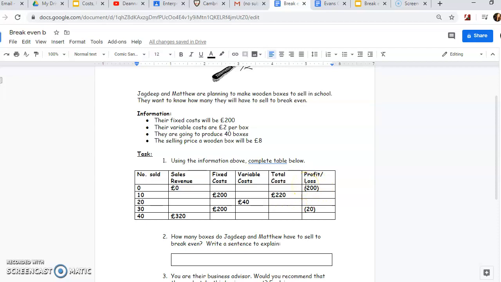It's just another way of saying loss, a negative number. Remember that profit is positive, because in profit we've got revenue that is bigger than costs, and loss will always be negative, because in loss we've got revenue that is smaller than costs.